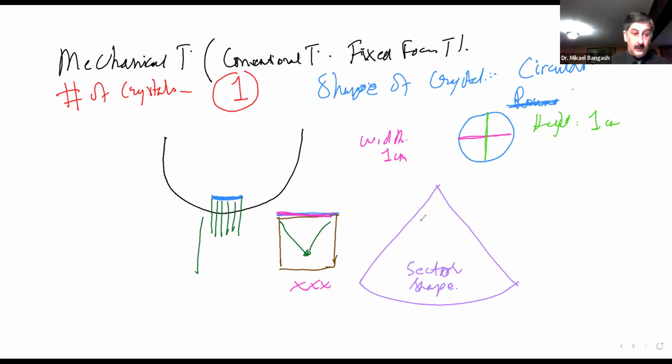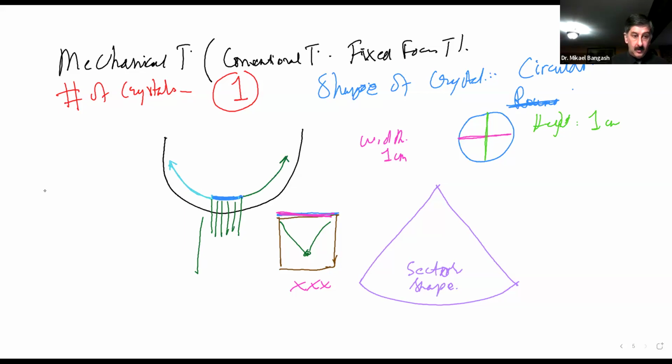So the question is, with only one PCT, how will that produce this? And that is going to require that the PCT has to physically move this way and this way.